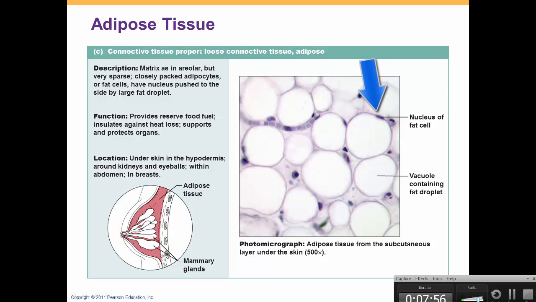Not a lot, just a nucleus that's pushed to the side, and inside the cell there is one big drop of fat. So this is a droplet of fat that's filling all the cell. Nothing more than this. And you have some little ground substance in between, but all of this picture is just fat, that is fat droplets filling the cells.